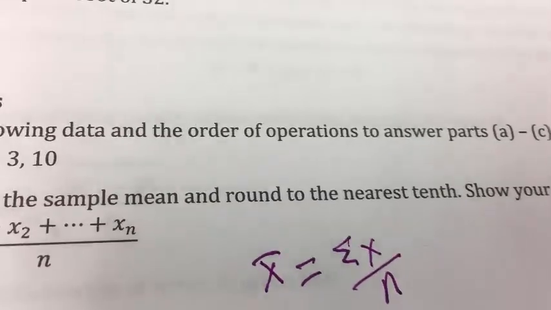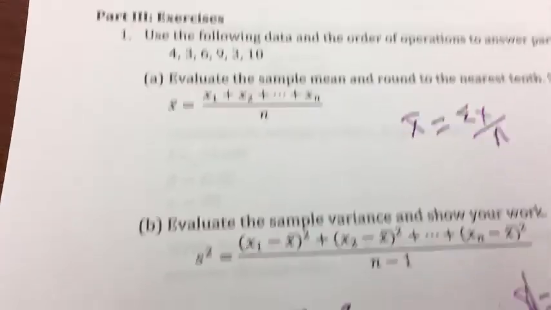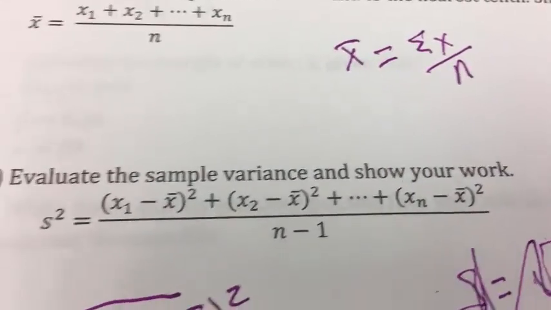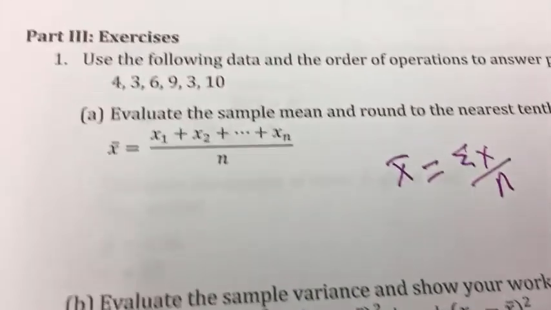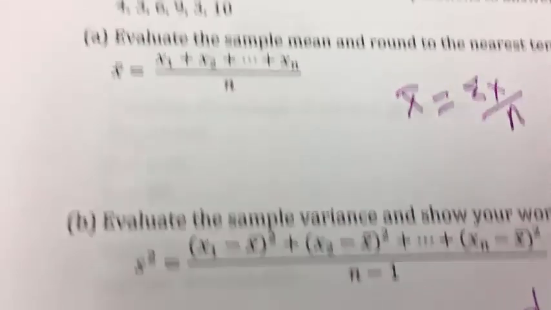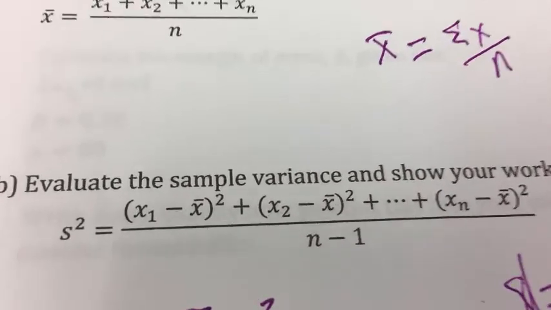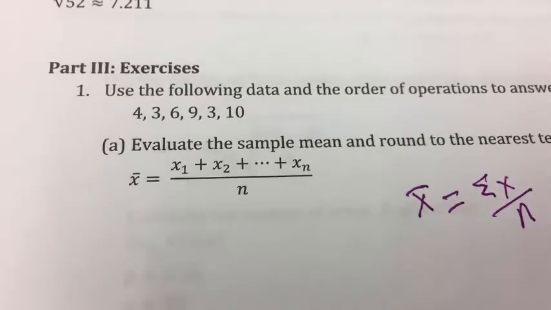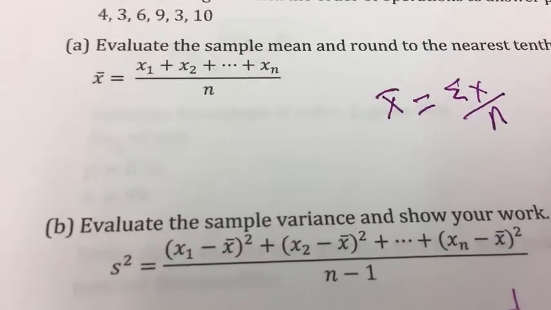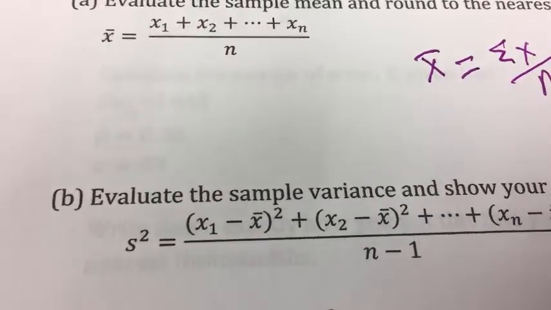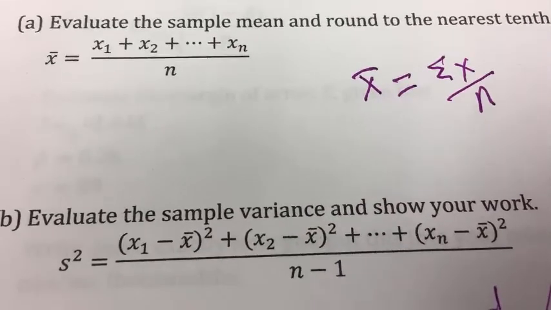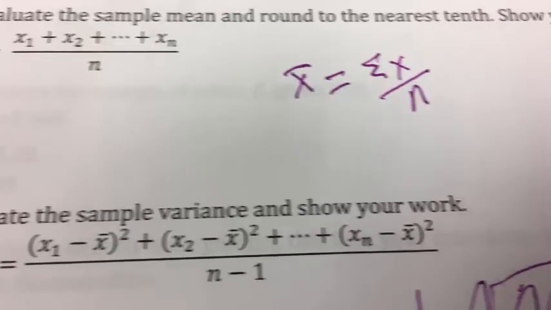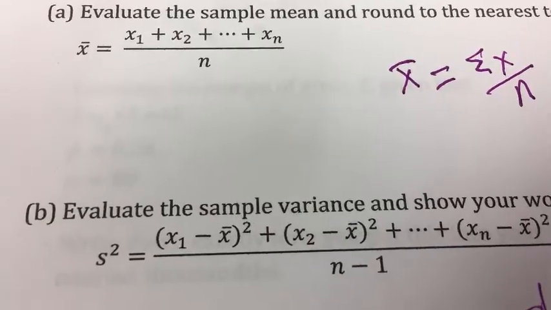Notice it said round to the nearest tenth. Then you're going to come and plug that in everywhere you have x bar. Okay? And then each point, each value you have, you're going to plug into the parentheses. So for instance, starting off, I would have 4 minus whatever the mean is, and write it in those parentheses and have square, plus then I would come and do 3 minus whatever you come up with for the mean, and you continue on all over n minus 1.